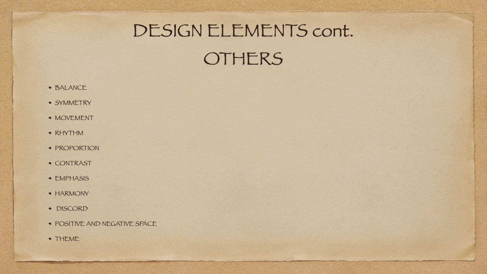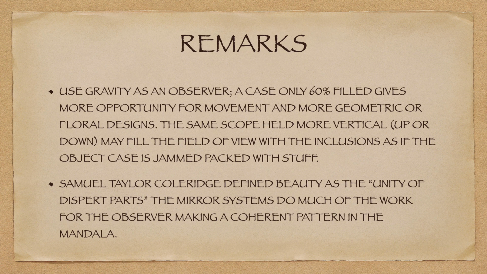Other design elements are balance, symmetry, movement, rhythm, proportion, contrast, emphasis, harmony, discord, the positive and negative space considerations, and themes. Just a few remarks to emphasize that you don't have to fill the object case to the brim with inclusions.